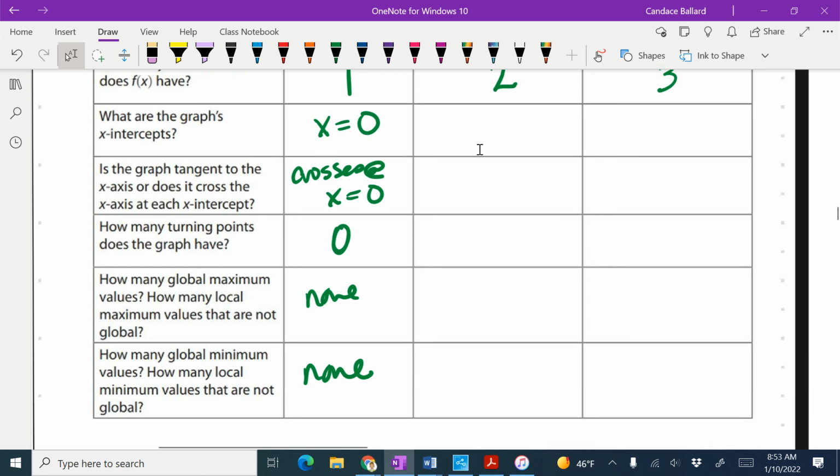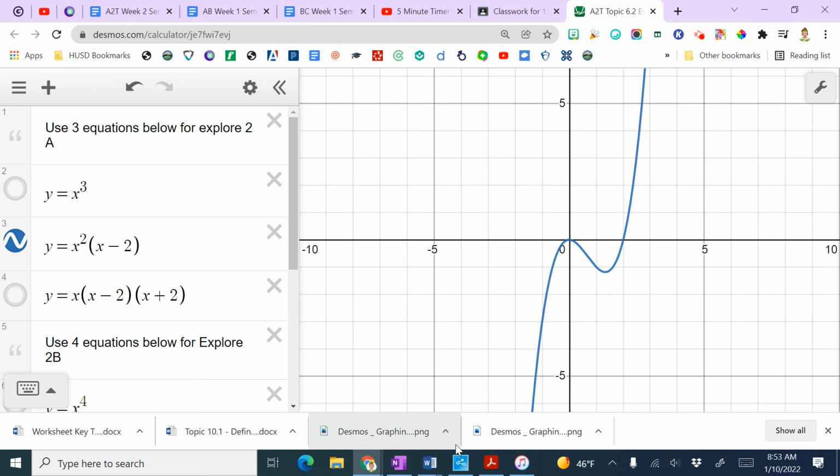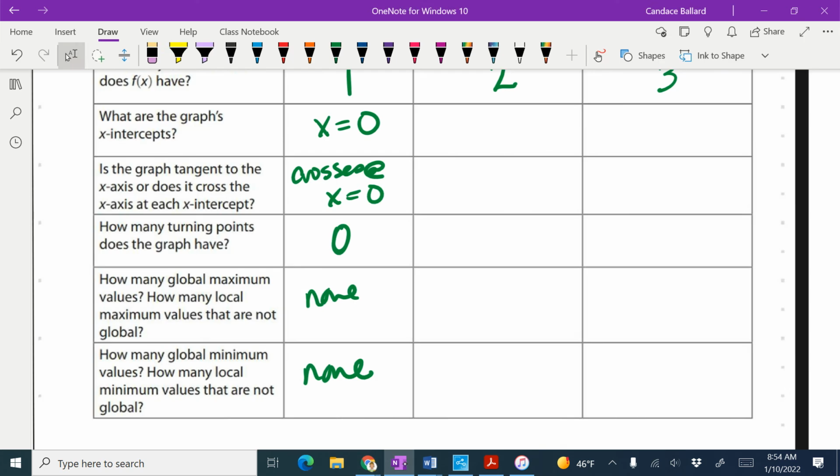What are the graph's x-intercepts? So anytime it touches or goes through the x-axis, let's look at that. Where does it touch or go through the x-axis? What x values? 0 and 2, good. So at x equals 0 and x equals 2. Now we're supposed to determine, does it cross or is it tangent?